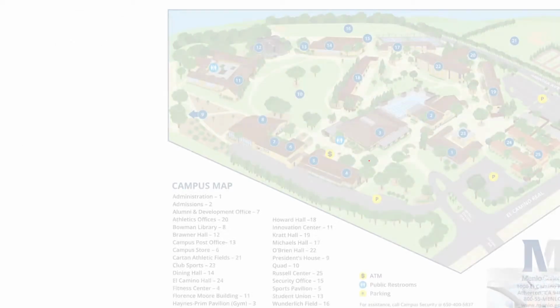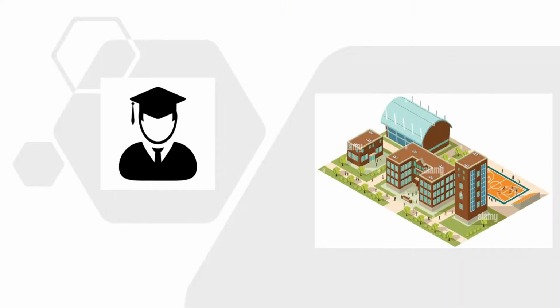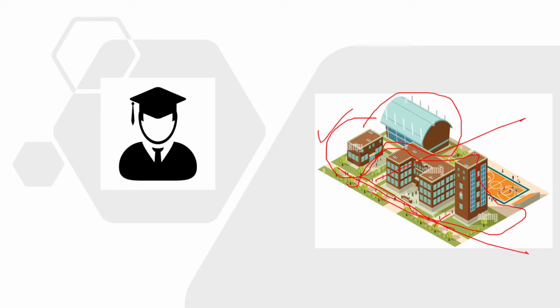So let's take an example. You are a fresher, so you have access to this particular area, this building only. This is your campus, your first year building, and this is a common area. So you are only authorized to access the common area and this building.